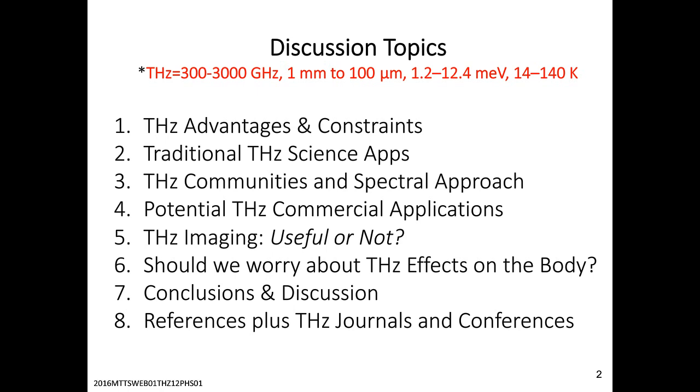So for purposes of this discussion anyway, we're going to confine terahertz to be the frequency range from 300 to 3,000 gigahertz. That's 1 millimeter to about 100 microns in wavelength, corresponds to a kT energy of about 1 to 12 millielectron volts, and an equivalent temperature between about 14 and 140 Kelvin.